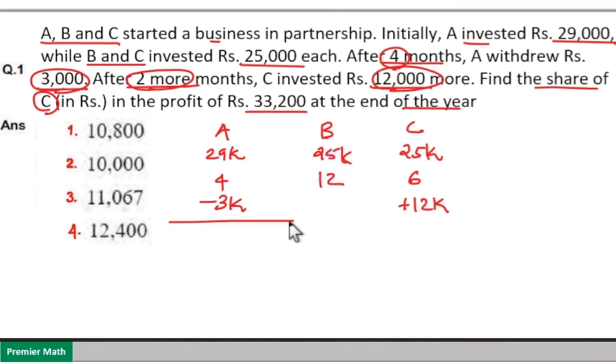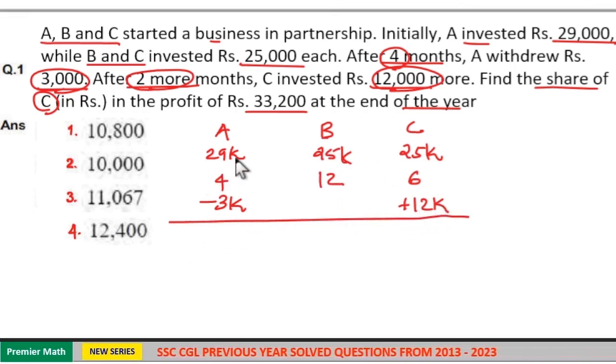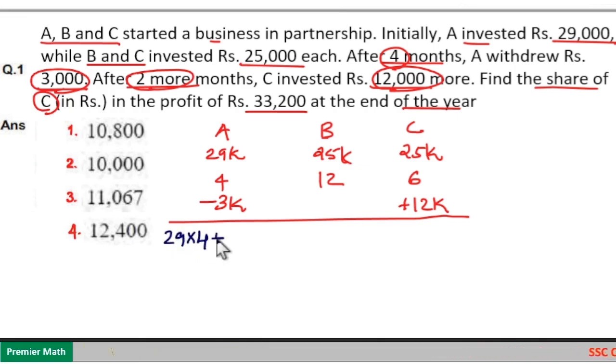Now take the ratio. When you take the ratio of A, B and C's investment, this 1,000 will cancel each other. So A invested 29,000 for 4 months, which means 29 into 4, plus after 4 months he withdrew 3,000, so remaining is 29 minus 3, 26,000, for the remaining 8 months.